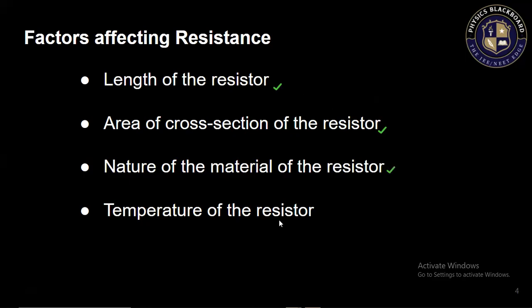And next, nature of the material of the resistor. For different natures of the material of a resistor, we have different values of resistance. We will see that. And finally, temperature. Temperature will also affect the resistance. These are the four factors that affect the resistance. We will see one by one how these affect the resistance.